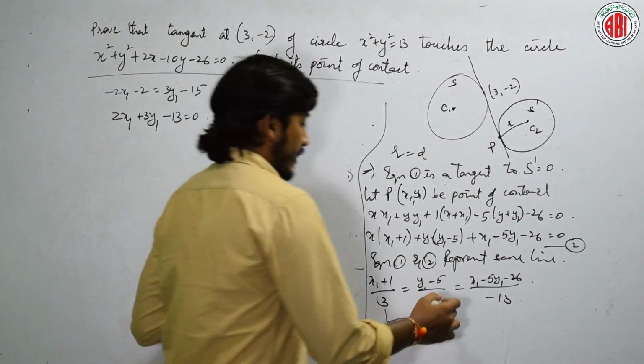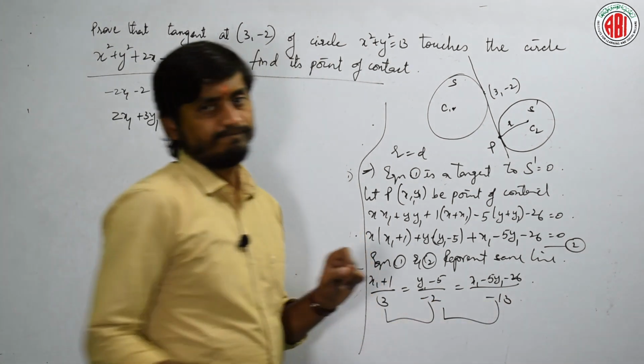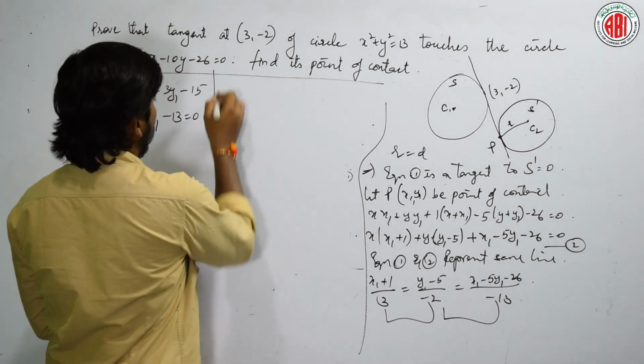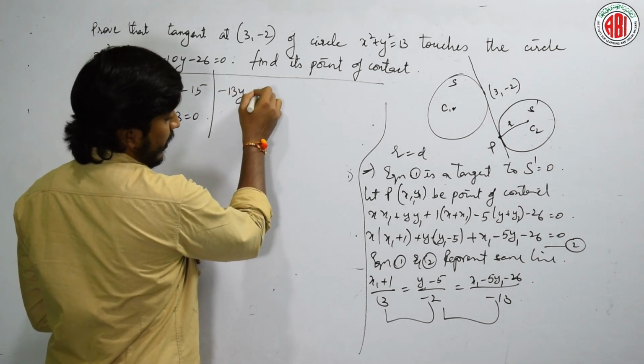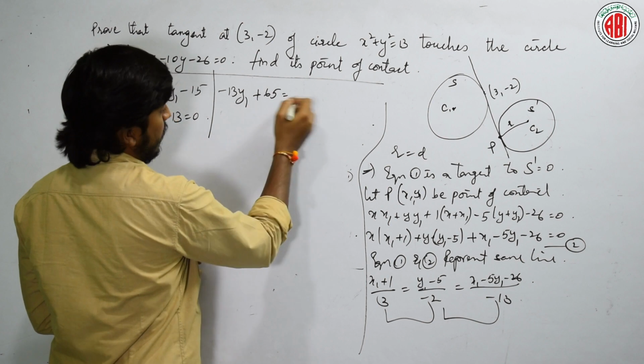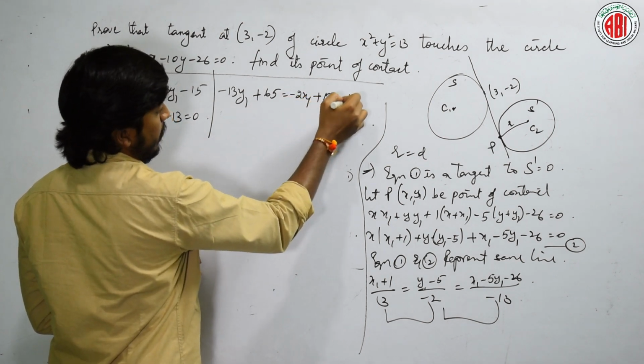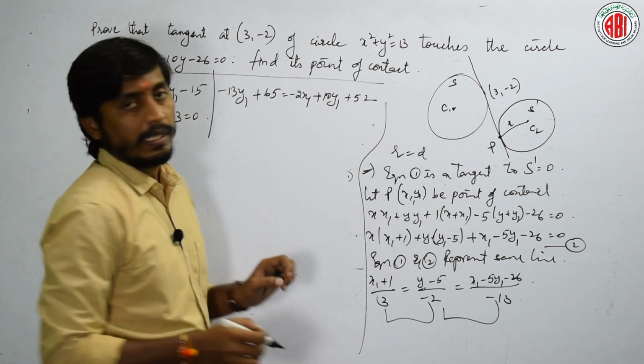Clear? And the next, let us equate these both. Fine. That is 13 minus 13y1 minus 2 minus plus 65, that is equal to minus 2x1 minus 2 minus plus 10y1 minus 2 minus plus 52. Clear?